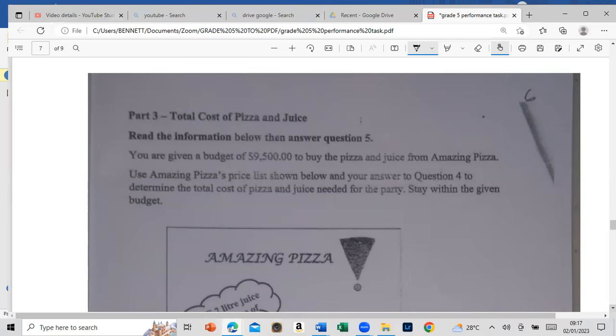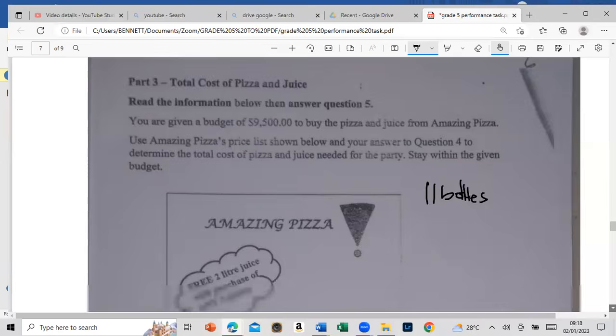It says use Amazing Pizza price list shown below and your answer to question 4 to determine the total cost of pizza and the juice needed for the party. Okay, all right, that makes sense. So we had 11 bottles it needs. So let us write down that information. So it's 11 bottles of juice.